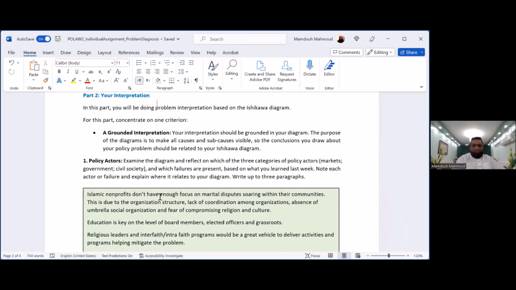So I'll give you an example of what I wrote. My problem, remember what was my problem? Coming up with a marriage agreement, a marital agreement for a multi-ethnic faith-based group. So I have people from all over the world.